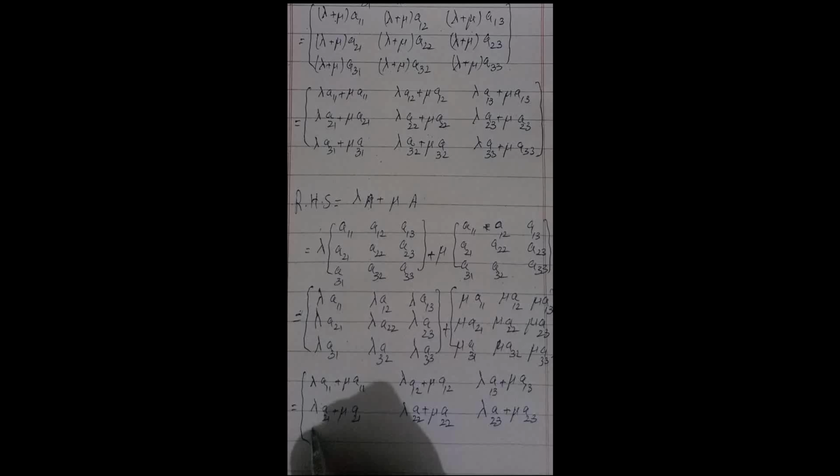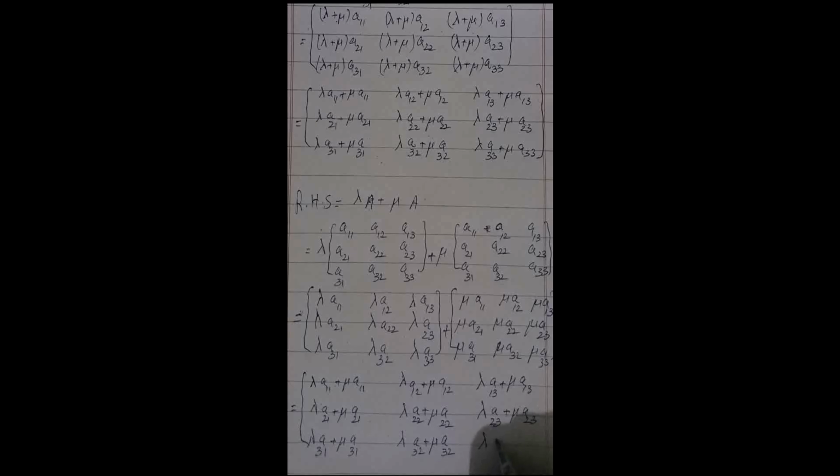And the last row is lambda A31 plus mu A31, lambda A32 plus mu A32, lambda A33 plus mu A33.